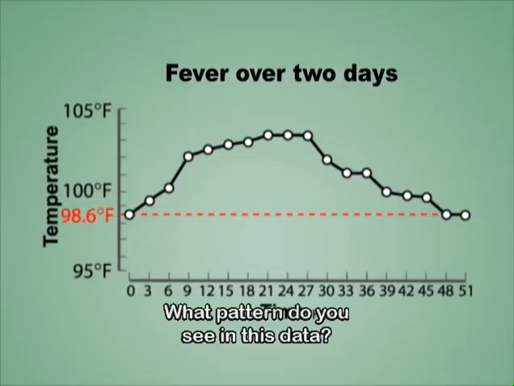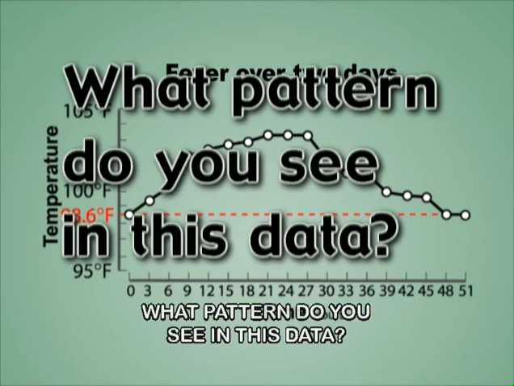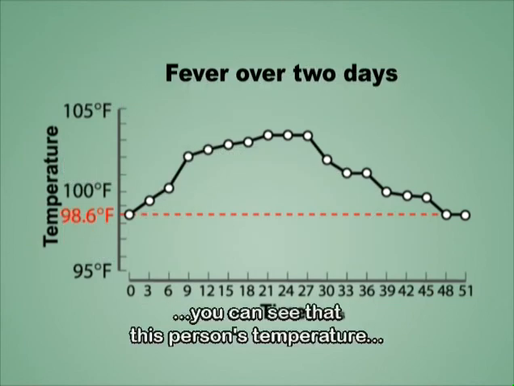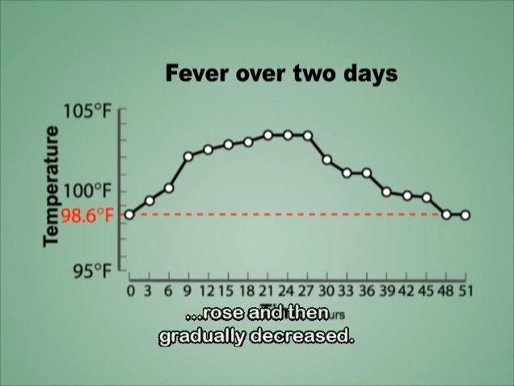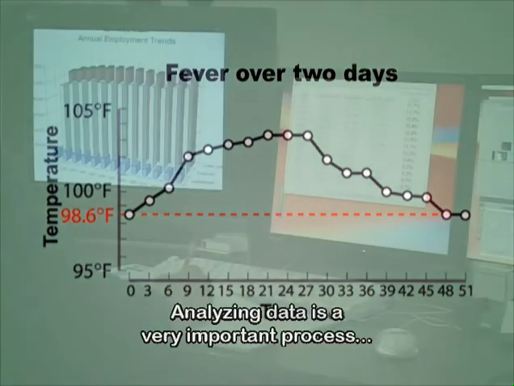What pattern do you see in this data? From looking at this data, you can see that this person's temperature rose and then gradually decreased. From this data, you might conclude that this person had some type of infection.